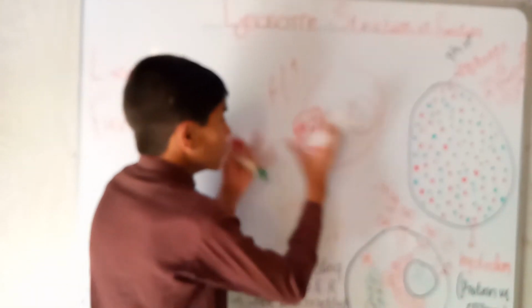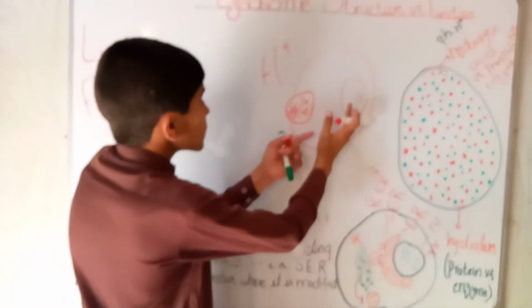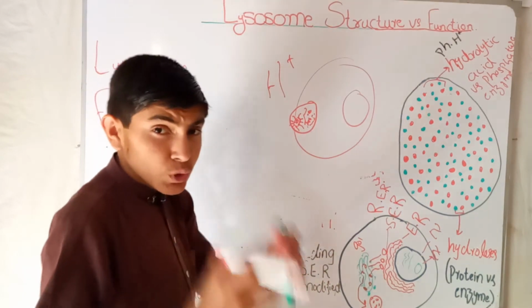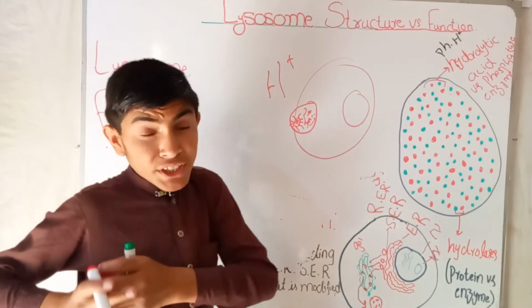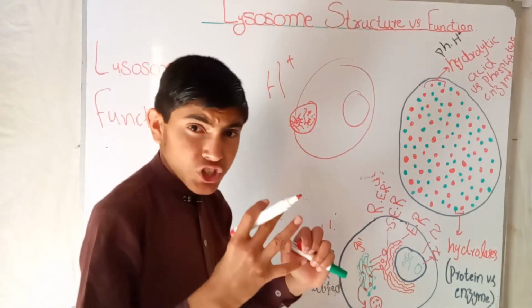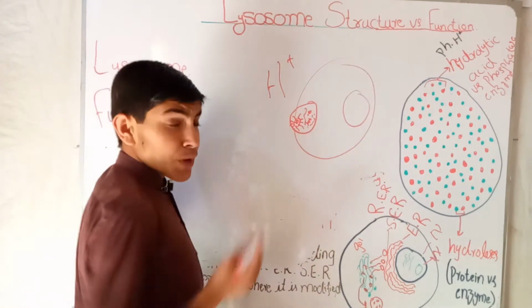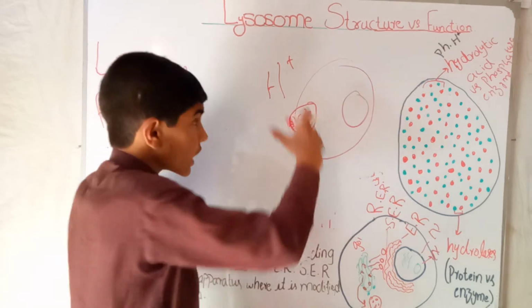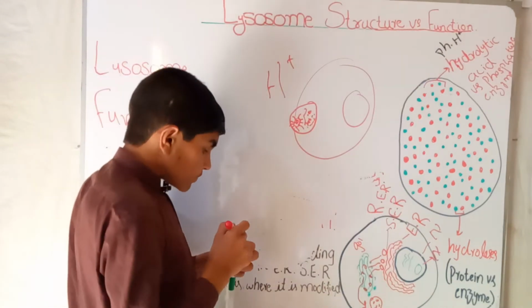Every time the cell provides the lysosome H positive ions in order to maintain its specific pH. So its pH is maintained by the cell by pumping H positive ions every time.